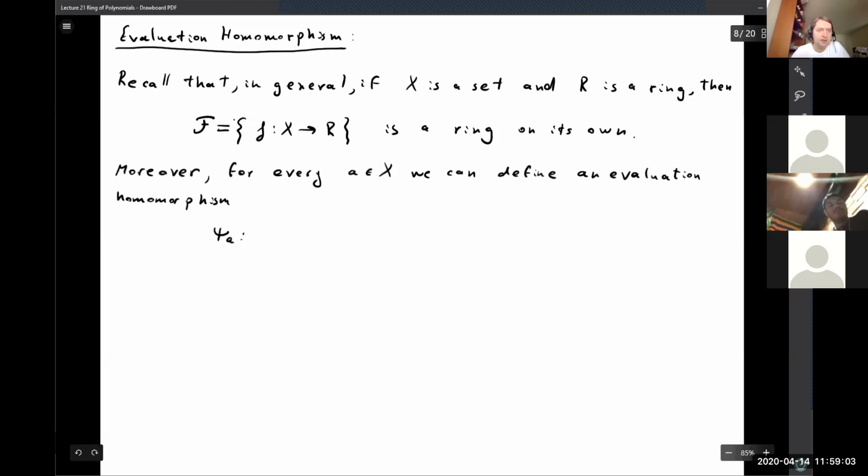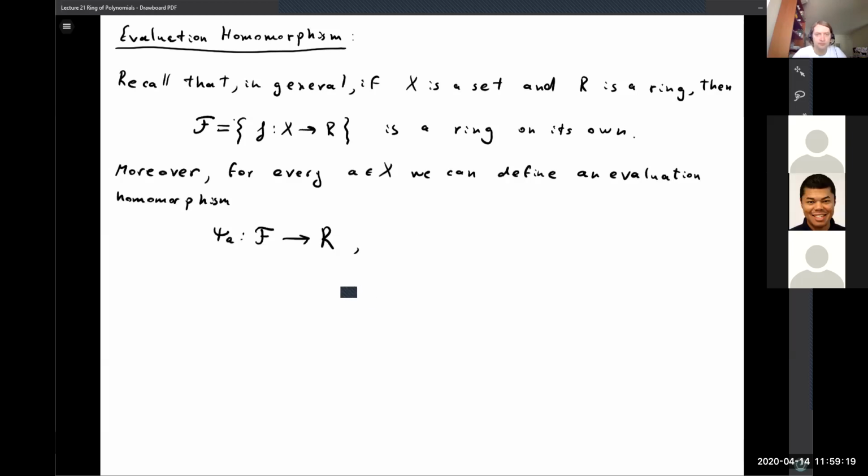Let's say that this is psi of a, which will be a function from the ring of functions to the ring R. We just take a function f of x and send it to the value of this function, f of a. So we talked about this when we first introduced the basic examples of a ring.